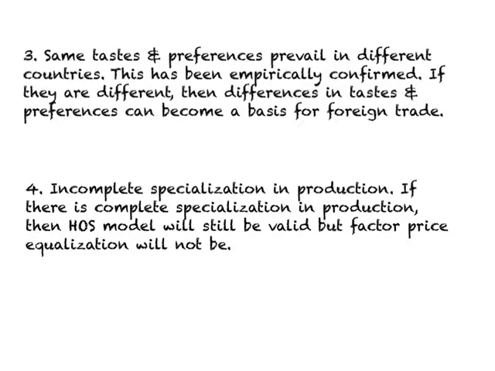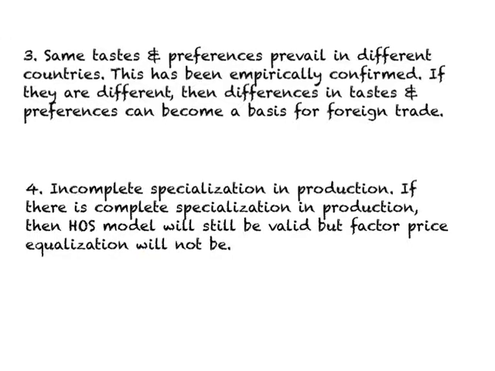The fourth assumption is that there is incomplete specialization in production. Now, this is again something we have discussed earlier. If there is complete specialization in production, in such a case the HOS model will still be valid, but what will be damaged is the prediction of the factor price equalization model.